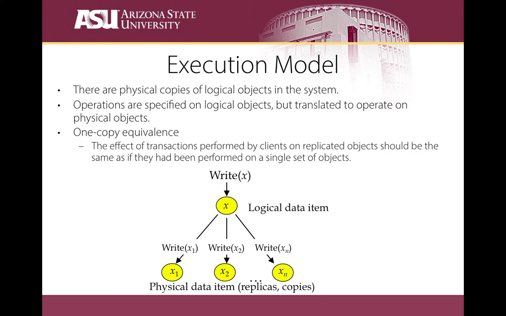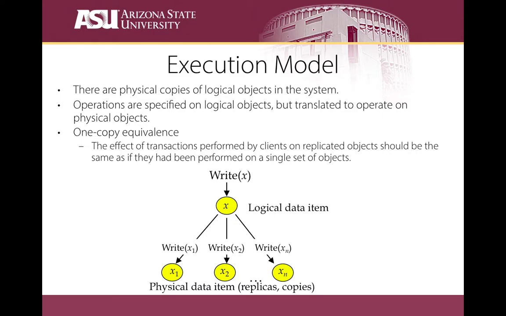For the user, it sees X. But in fact, if you have replicated data, it's not just X physically. Let's assume it's replicated 3 times: x1, x2, x3. So for the user it's X, but from a system perspective it's actually 3.